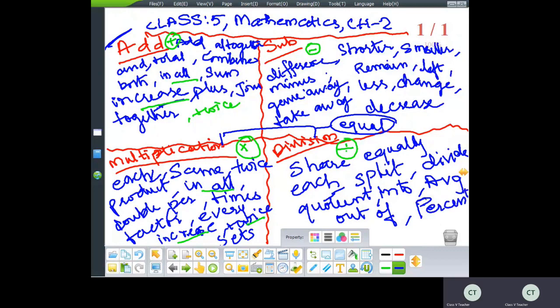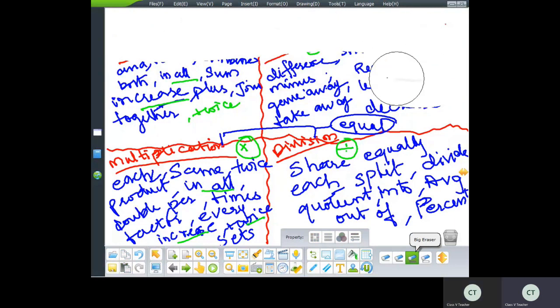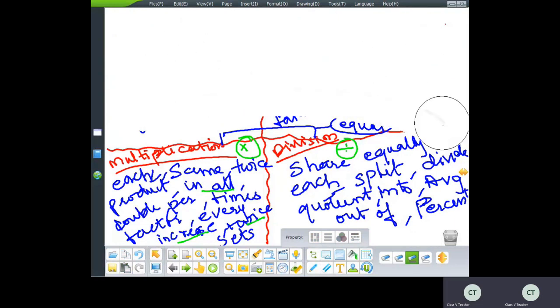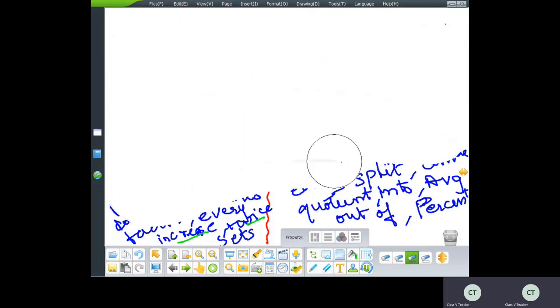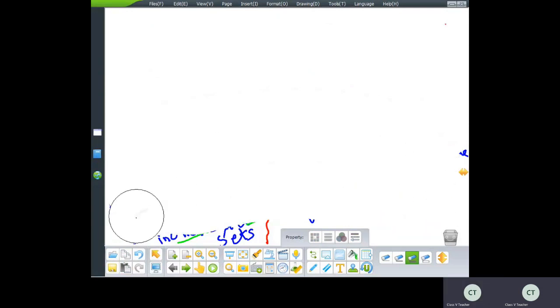Percent is nothing but percentage. So these are some of the keywords for addition, subtraction, multiplication and division. Now, did you understand the difference between all these things? Maybe it is very clear. So now let us do some problems related to this. Let us make ourselves clear and perfect, and don't worry, I'll give you the PDF file for all these things.